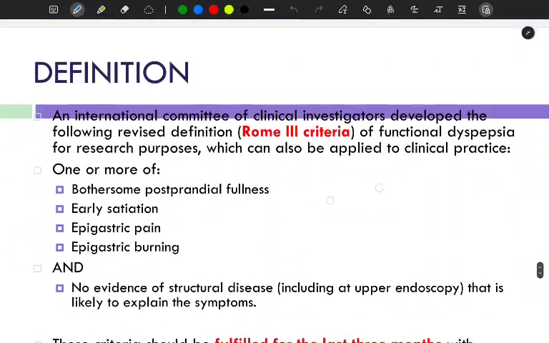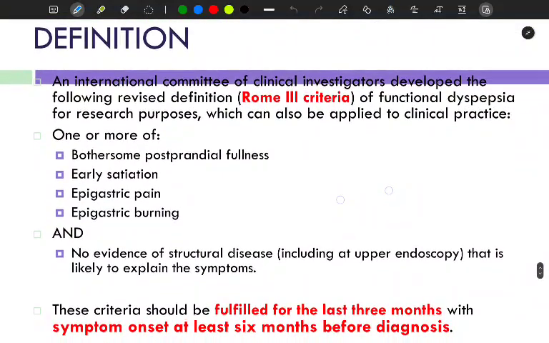The definition is according to the Rome criteria of functional dyspepsia. Wherever we have one or more of these symptoms: bothersome postprandial fullness, early satiety, epigastric pain, epigastric burning, and there is no evidence of structural disease in the endoscopy, and nothing to explain what's going on. This is functional dyspepsia.